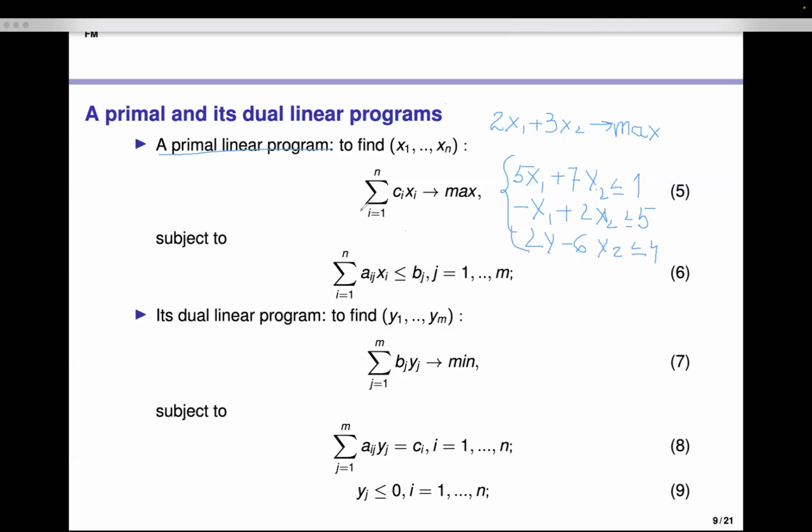Okay, it is like this, subject to this linear system.